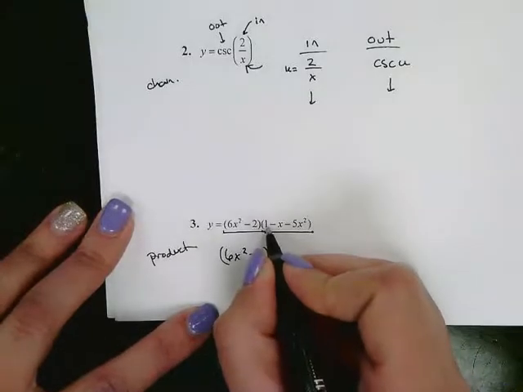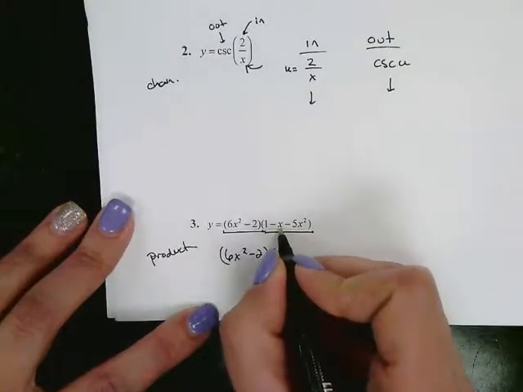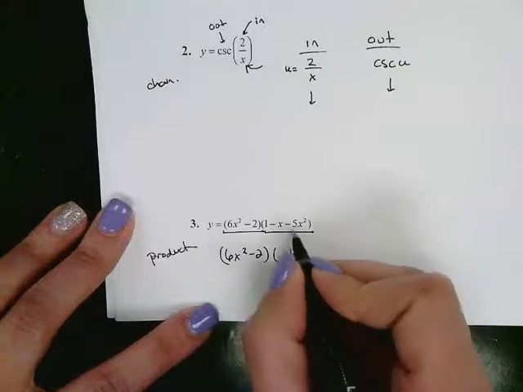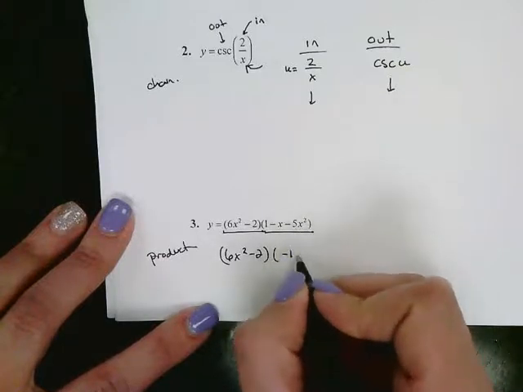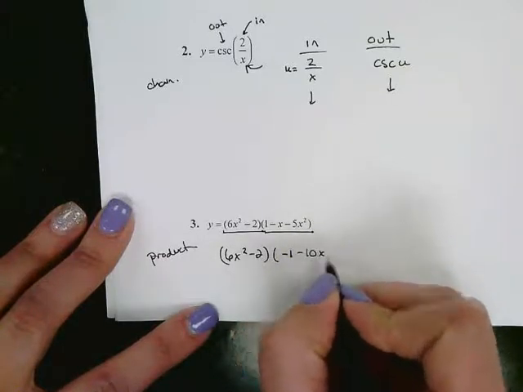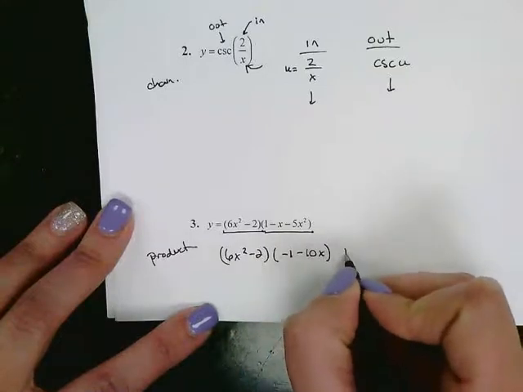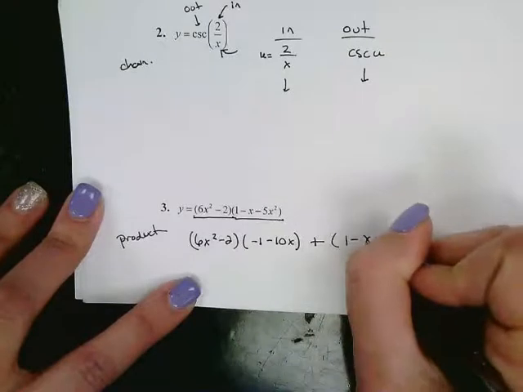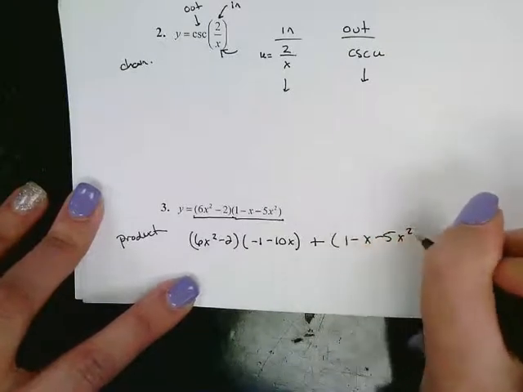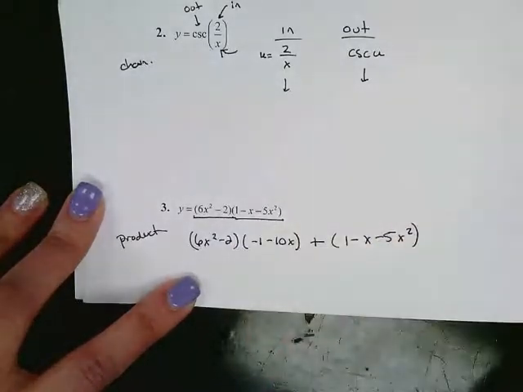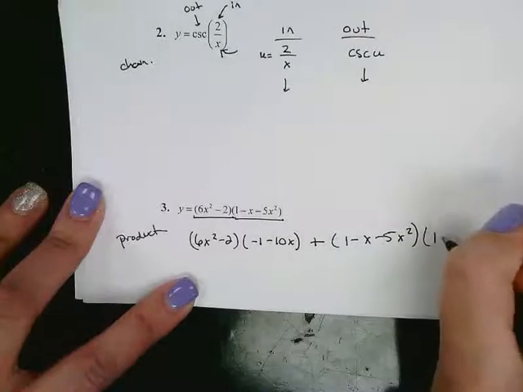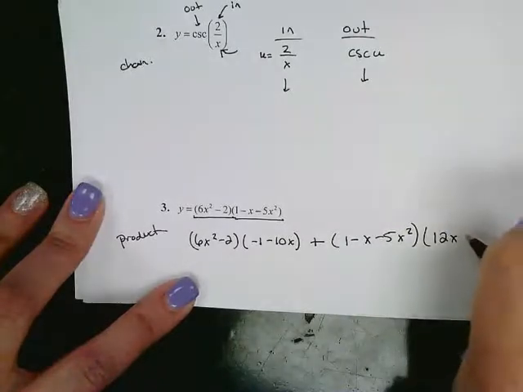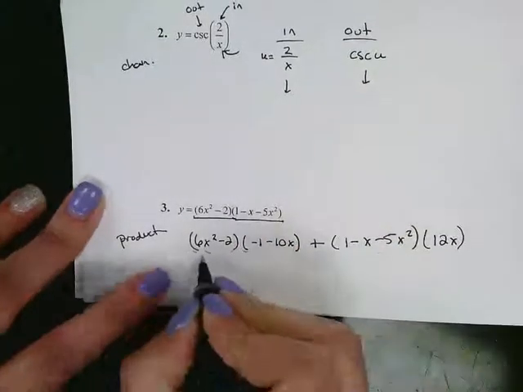So the derivative of 1 is 0, the derivative of negative x is negative 1, the derivative of negative 5x squared is negative 10x, and then you add the second part as it is times the derivative of the first part, which is 12x minus 0. And then you would clean this up.